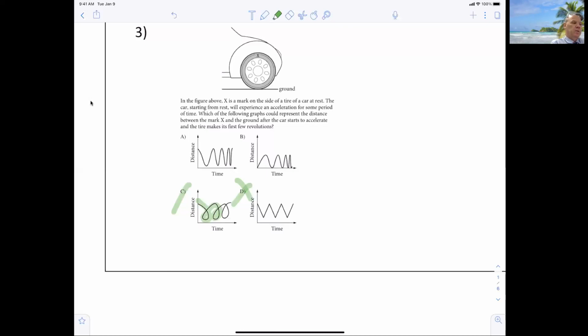So X is not on the ground, it's what? Above, right? So it's not starting at 0. So that was very good. If you got A, I'm pretty happy with you on that. Again, not traditional, but something you should be able to figure out. Anybody have any issues with that? All right, I'm happy with you on that.